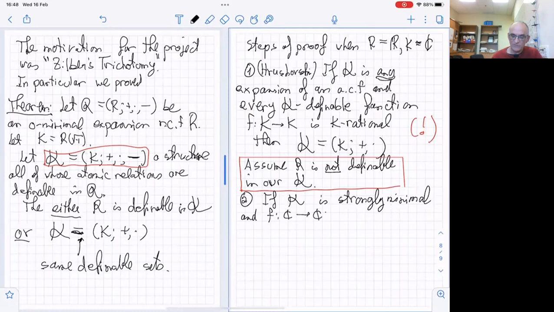F from C to C is K-definable in the strongly minimal structure, then F is actually holomorphic in the usual sense, holomorphic in all but finitely many points.